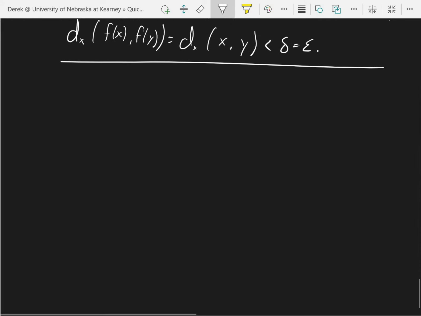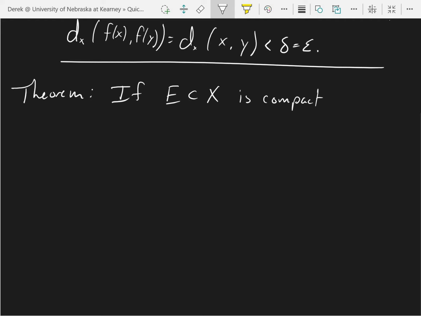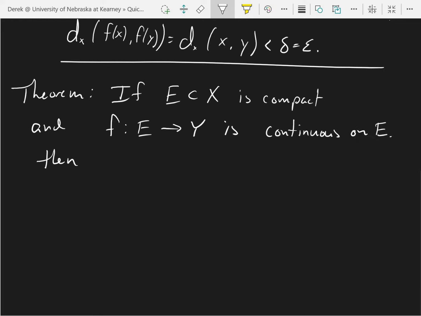But let's prove a theorem. If E, a subset of X, is compact, and f mapping E to Y is continuous on E, then f is uniformly continuous.